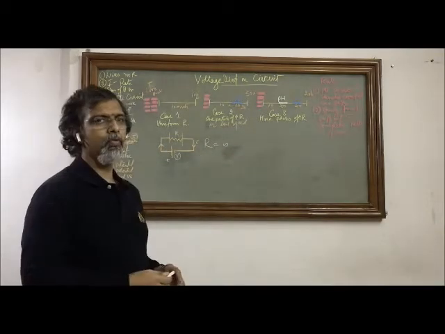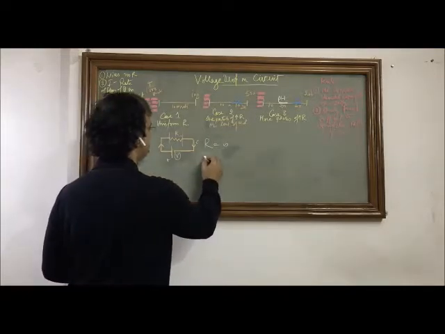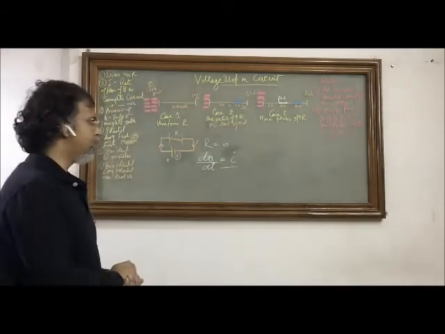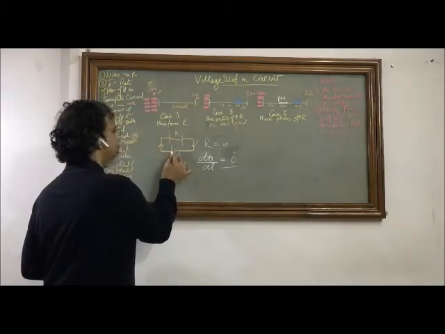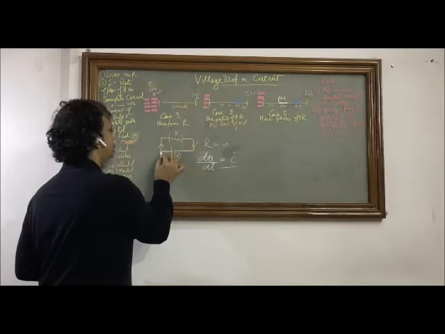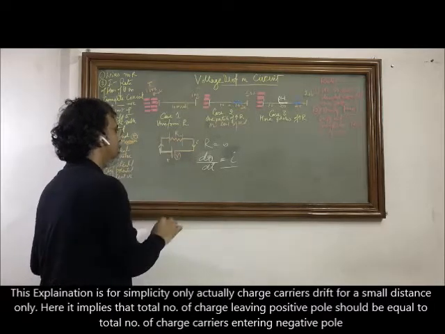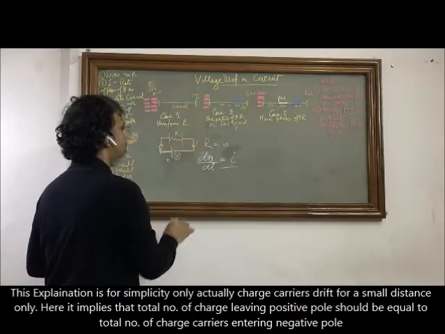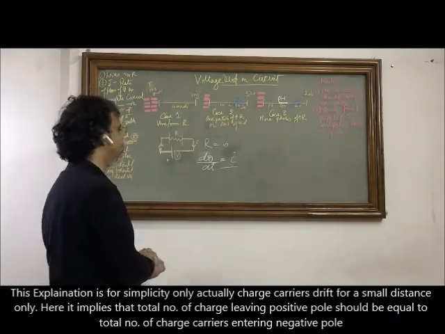The second very important concept that needs clarification is that by definition, the time rate of change of flow of charge is going to be the current that is passing through this circuit. Now if some charge flows from this place to this place, and maybe some charge is flowing further, but it is not coming finally back to this negative pole, that is the last point in this circuit.